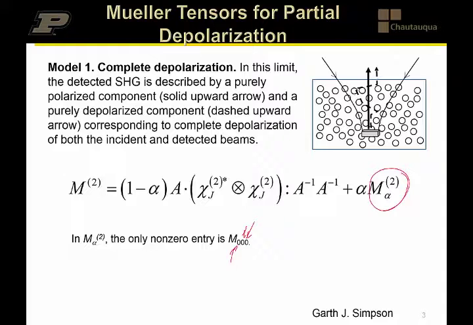And in this model, it's completely independent of both. And so therefore, it's really a trivial simplification of the Mueller tensor describing the depolarized component. You only have one entry, and it's just the M000 entry. So of the 64 possible elements, only one remains in this isotropically depolarized model.